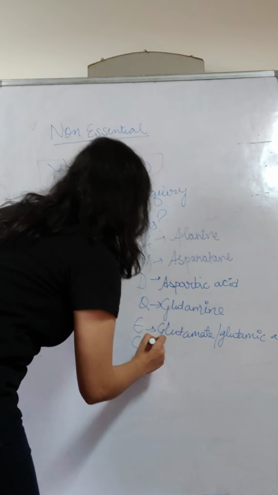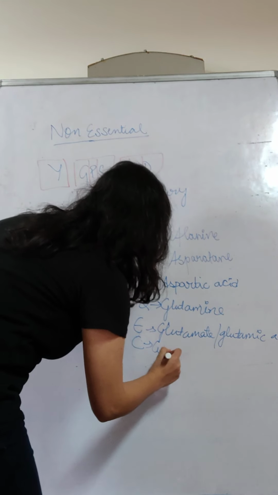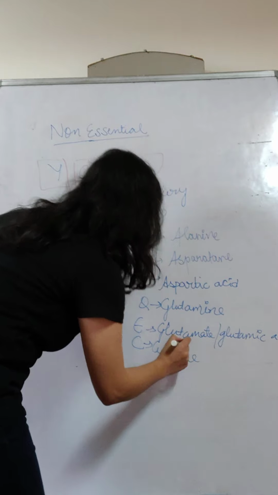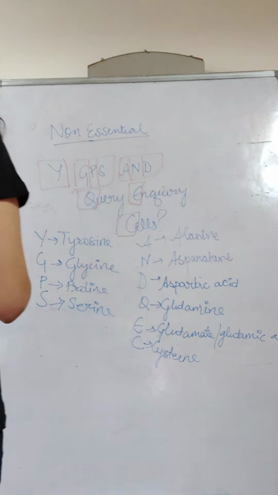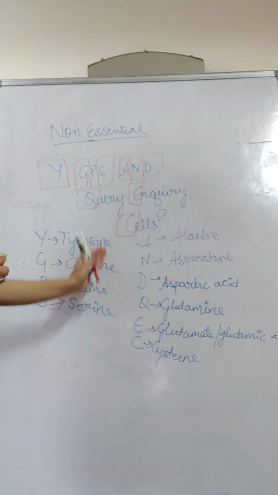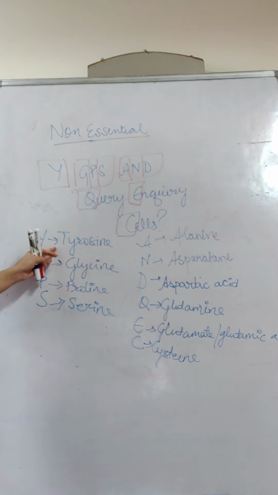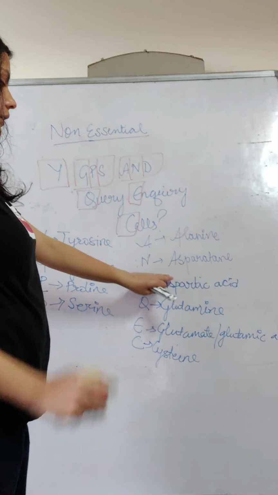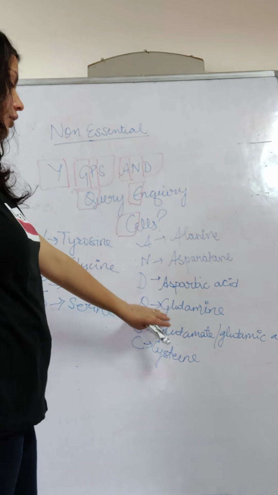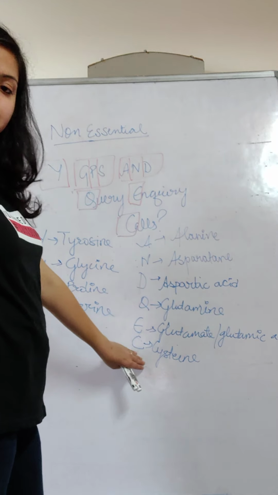And C is for cysteine. So that is how we will remember the non-essential amino acids. I hope the essential, the non-essential and the semi-essential are clear to you. YGPS and query inquiry calls: tyrosine, glycine, proline, serine, alanine, asparagine, aspartic acid, glutamine, glutamate, cysteine.